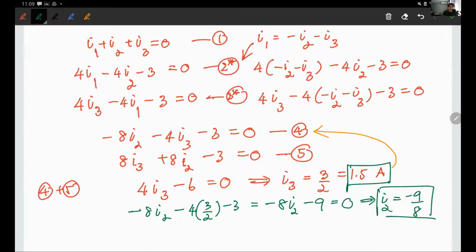All right, so I already found out what I3 and I2 should be. Once I found I2 and I3, I can plug them back into my first equation to figure out I1. So I1 is just negative I2, negative I3, and that will be minus, minus, minus, so it's going to be plus.